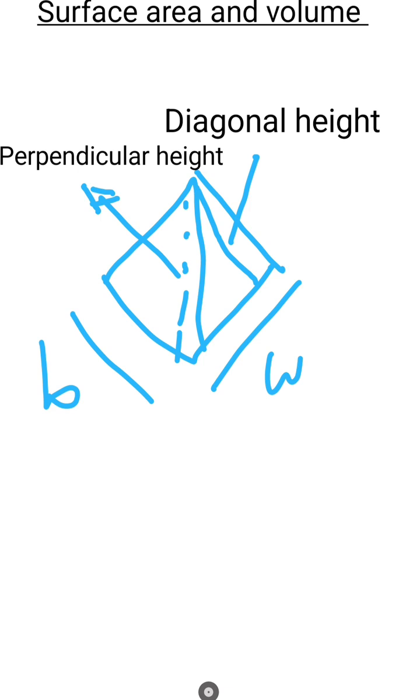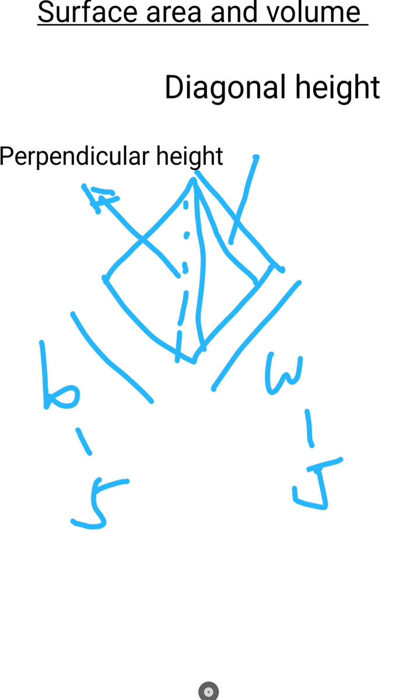So, full surface area, by the way, of this, as mentioned before, say we've got base of 5 and width of 5, and a diagonal height, or in other words you could say it's kind of like a hypotenuse because it's on a slope.